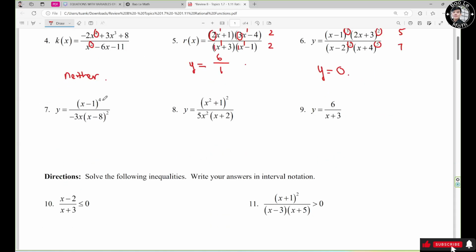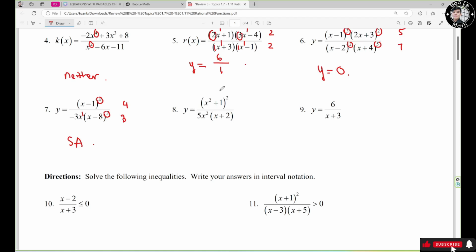Now number 7, the degree of the numerator is 4. The degree of the denominator is 1 plus 2, so total 3. So the degree of the numerator is 1 unit greater than the degree of the denominator, and you have the slant asymptote.